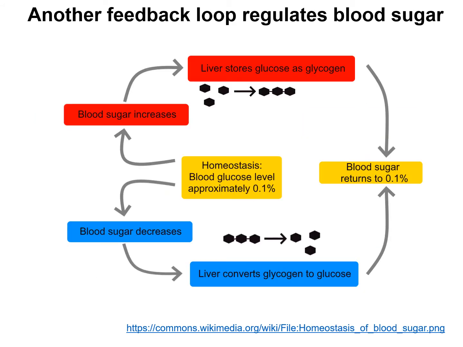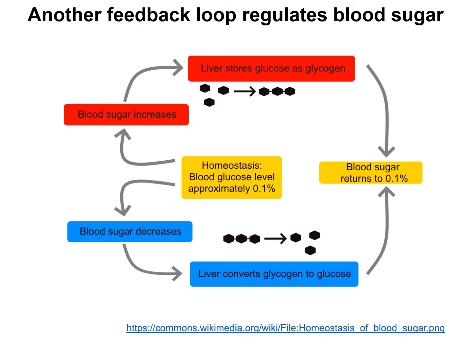There's another feedback loop in our body which actually regulates blood sugar. Again, that's an important vital sign. And there is a homeostatic level of blood glucose in our body. Once that level either increases or decreases, there are mechanisms to bring it back close to where it was initially, which is 0.1%.